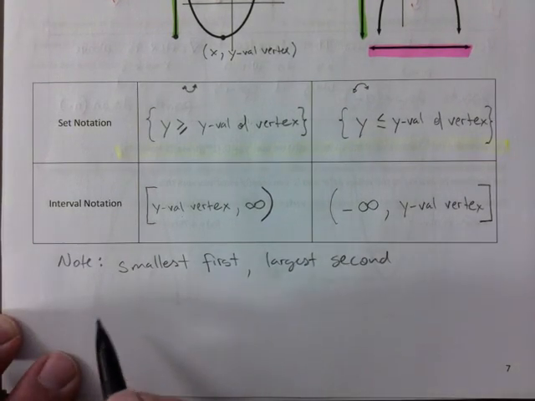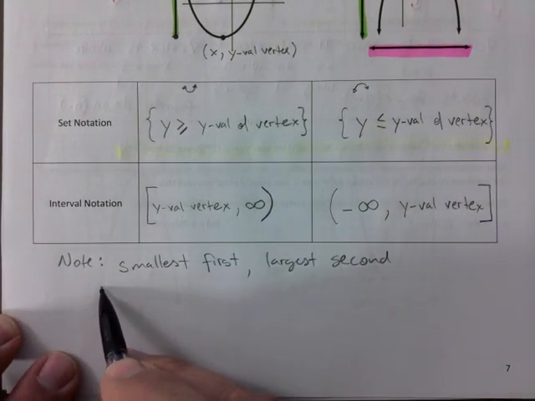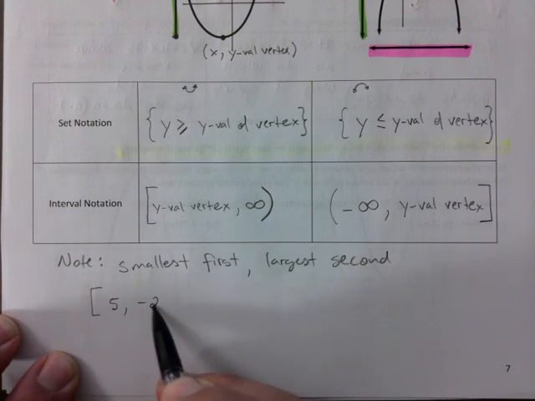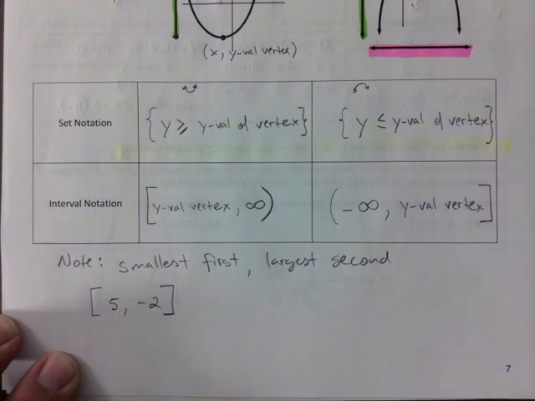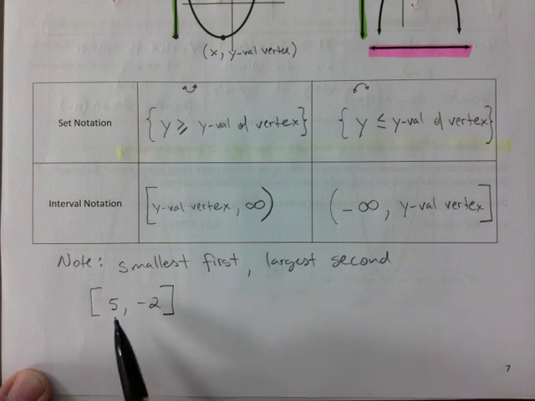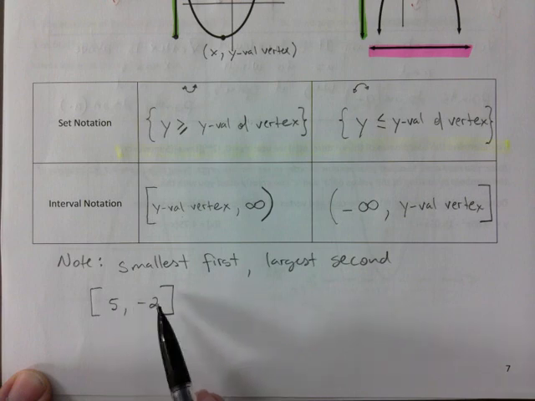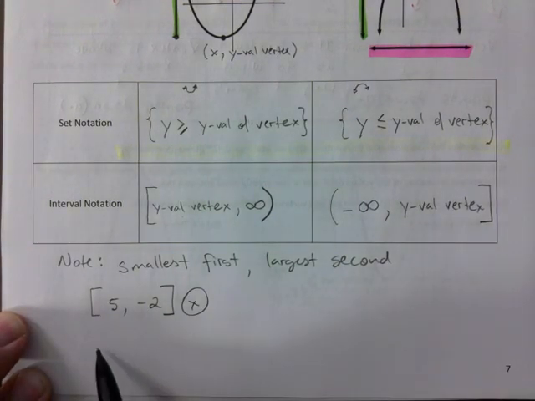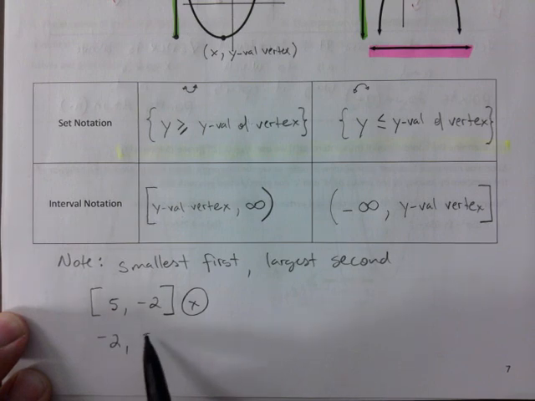So let's say you determine, hey, you write this down, 5, -2, because those are the two values that this graph is in between. And you should recognize, wait a minute, which one is smaller of the two? This one is, so that should have been first and then the 5 follows. So this is wrong. Okay, so you'd have to go -2, 5. That is correct.